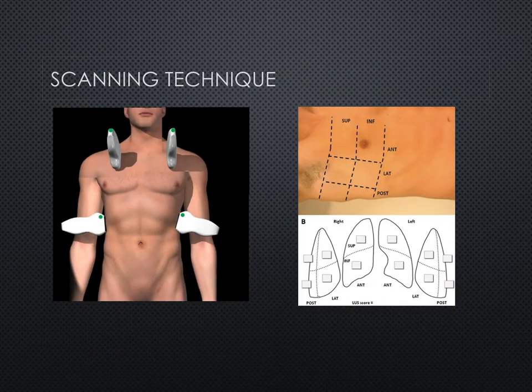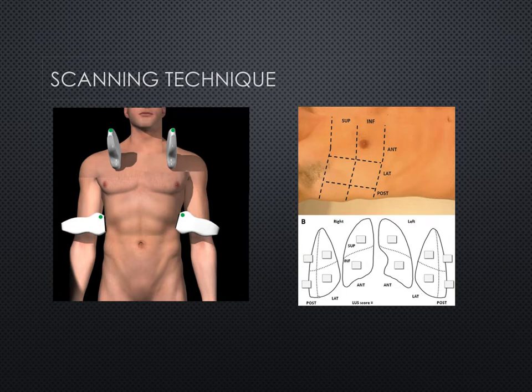So, just to finish up this introduction to lung ultrasound, I just wanted to go over briefly some scanning techniques that we can start to implement in order to undertake these exams that we're going to be doing. So you'll see on the slide that I have here just some probe positions located on the anterior chest wall at the apex, and then also on the lateral chest wall at the lung bases.